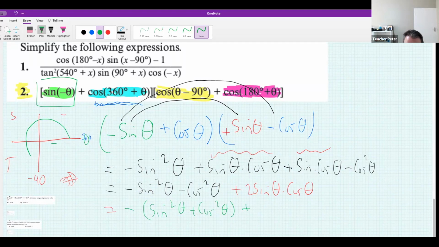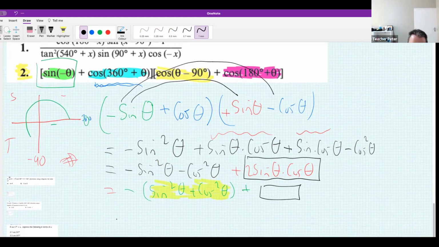And then, okay, this is actually a grade 12 identity. So I'm not going to stress too much about that. But what do we think? I might have taken that from a grade 12 paper. What do you think the thing in yellow is going to end up being equal to? So this bit over here is going to stay there, but it's basically just going to be minus 1 plus 2 sine theta cos theta. And in matric, you'll learn about that thing a bit further.